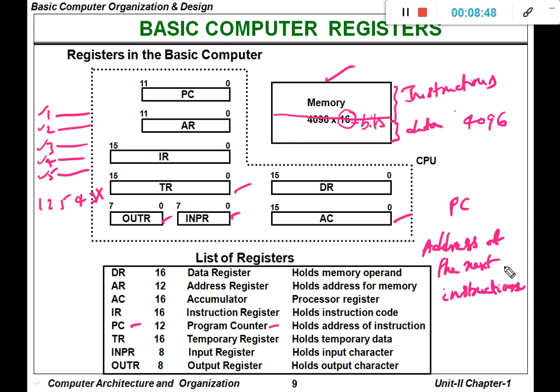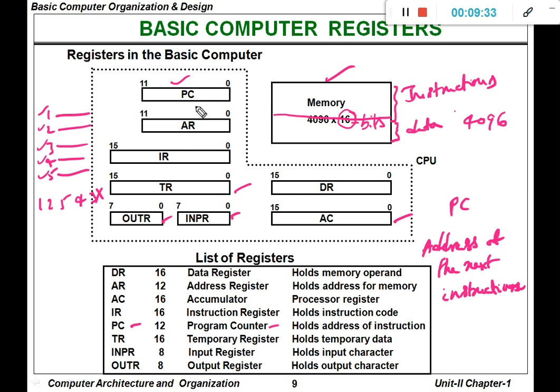That is why we store the address of the next instruction in PC, to fetch the next instruction from main memory to the processor register. For that purpose, we need the address of the next instruction. Initially, the address of the next instruction will be the address of the first instruction.